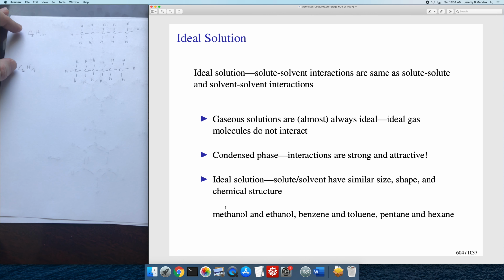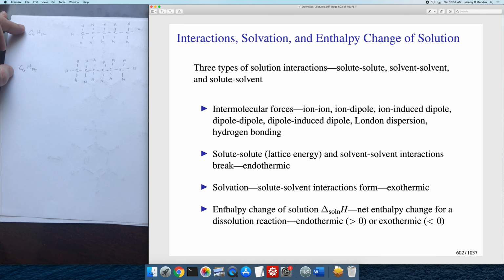And so the interactions within the pentane and within the hexane are going to be the same as the interactions between the two. What's going to be the dominant interaction? Go back to our list here. Of these interactions, which one do you think is going to be the most important for nonpolar molecules? It's the London dispersion interactions that are the most important.